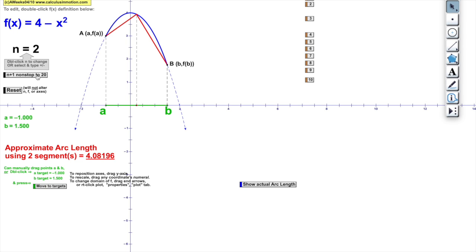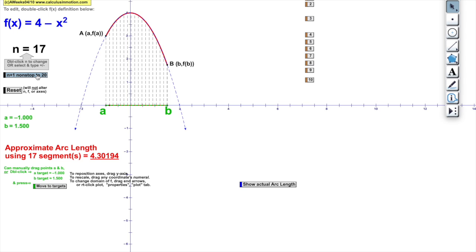Well, what if we do 3 segments? 4 segments? What happens is as we make more and more partitions, we're creating these segments and getting closer and closer to actually being the curve. If somehow we could go to infinity, in other words, if we used a limit, we could get the actual length.